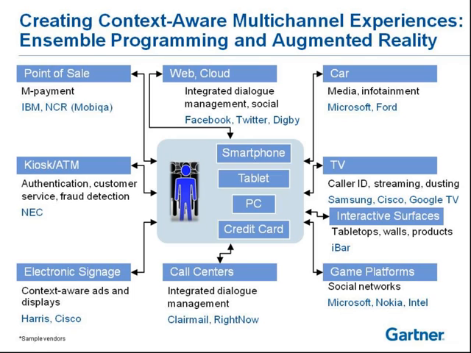In the middle, we've grouped a set of devices that are a little bit special in the sense that in many cases there's a one-to-one correlation between a person and this collection of devices. Those devices are smartphones, tablets, PCs, and your credit card, as examples.